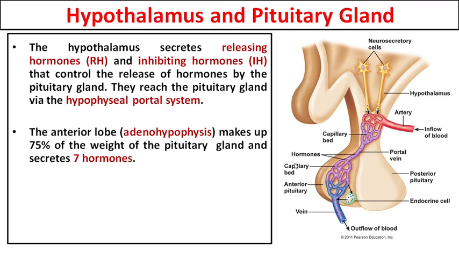It is also referred to as adenohypophysis. Hypophysis, I told you, means pituitary gland. So adenohypophysis means anterior pituitary. Now this anterior pituitary is larger in size. It makes about 75% of the weight of the whole pituitary gland.